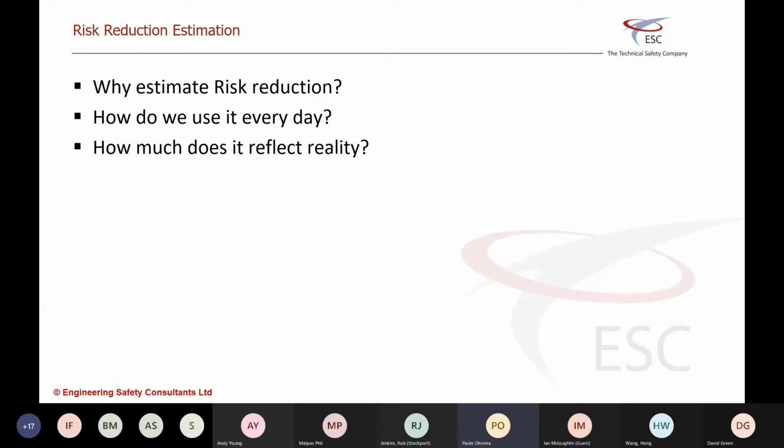So, for example, when we determine a SIL target for a safety instrumented function, we're determining the amount of risk reduction required to take a particular system that's being considered from a level of risk that we deem to be unacceptable or fairly close to an unacceptable level into an area that we feel is more acceptable and manageable.